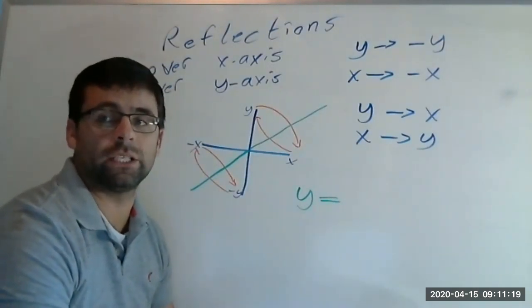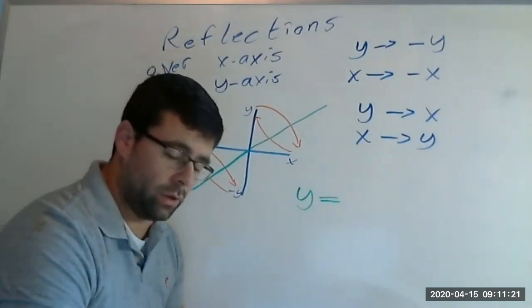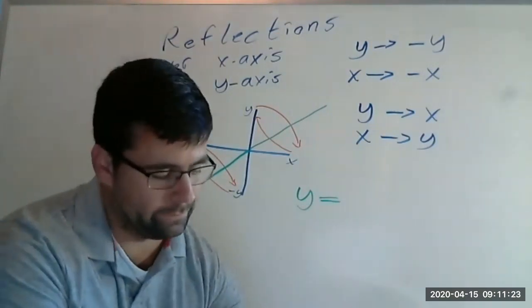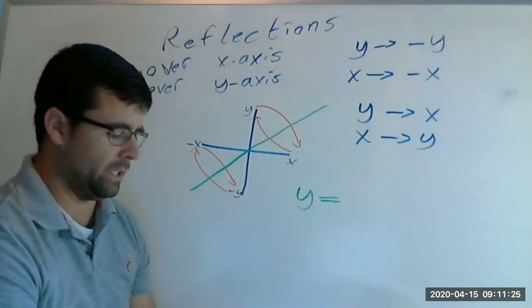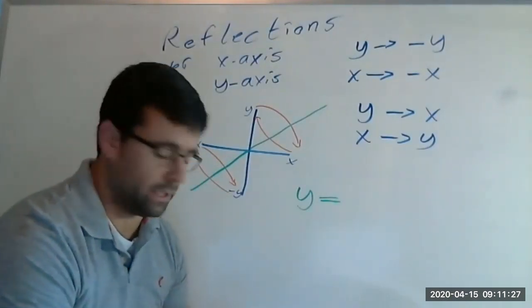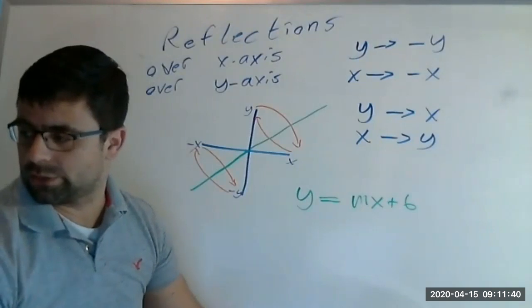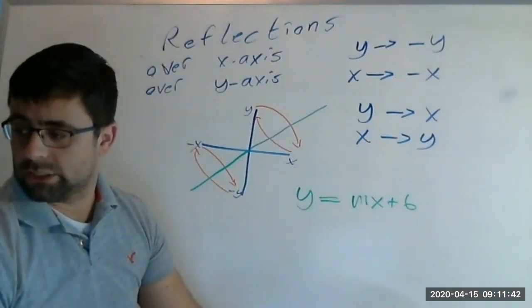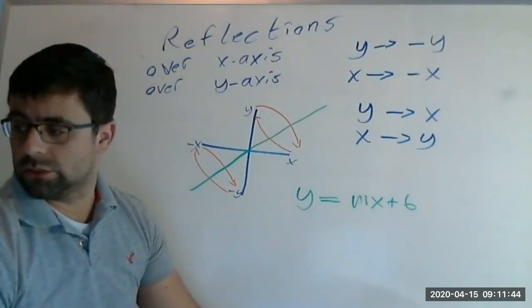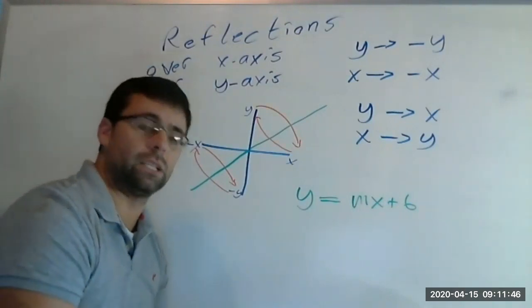Y equals what? General equation of a line. Should be second nature at this point. Y equals mx plus b. Okay, so let's see if we can figure out what is the equation of this green line.